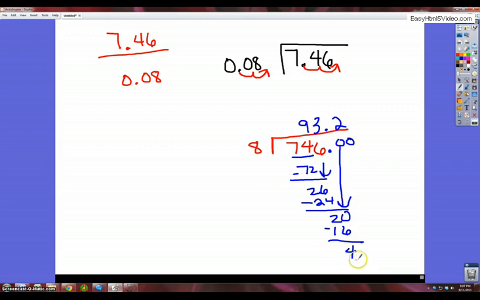We still have a remainder, so keep going. Bring down this other 0 that we have, and 8 goes into 40 5 times. 8 times 5 is 40, so we are left with nothing now. So the quotient to this example is 93 and 25 hundredths. Thanks for watching.